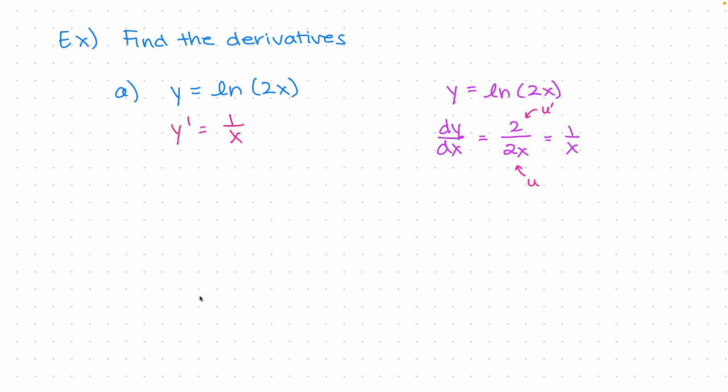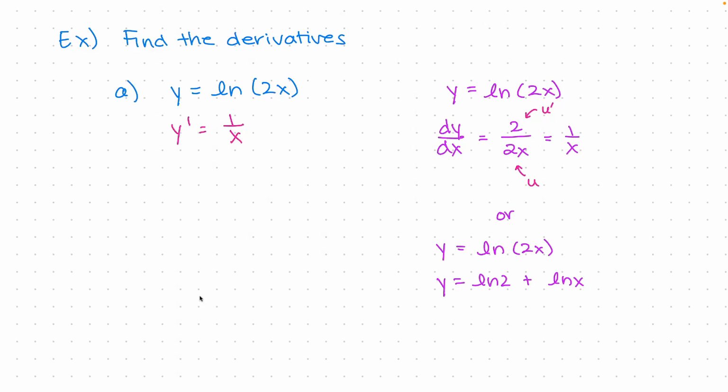Marcus, you implied that you had another way of looking at this. What's this other way? Oh, right. Remember your properties of natural logs? You can actually use the product property here and expand it.